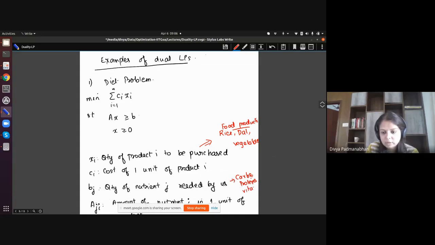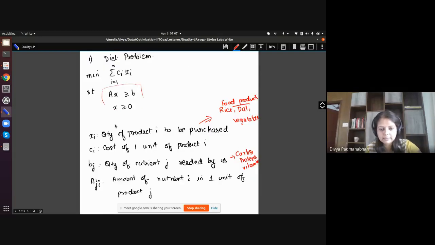You also want to meet your daily requirements, that is the quantity b_j that your body requires. If you buy 1 unit of product i, the cost incurred is c_i. You want to minimize the summation of c_i x_i, the total cost, such that you are also able to meet your daily requirement. That gets captured using Ax greater than or equal to b.